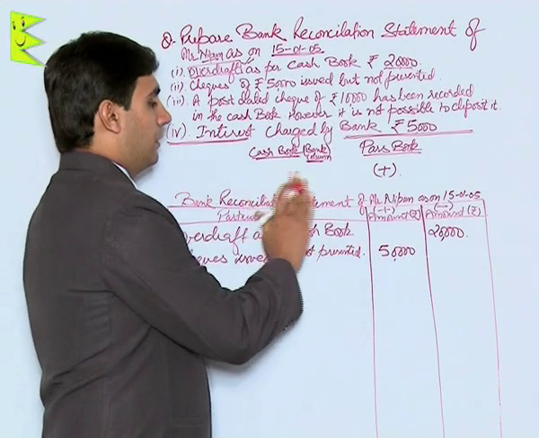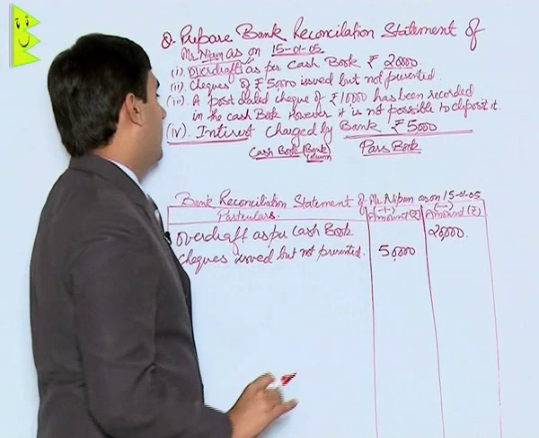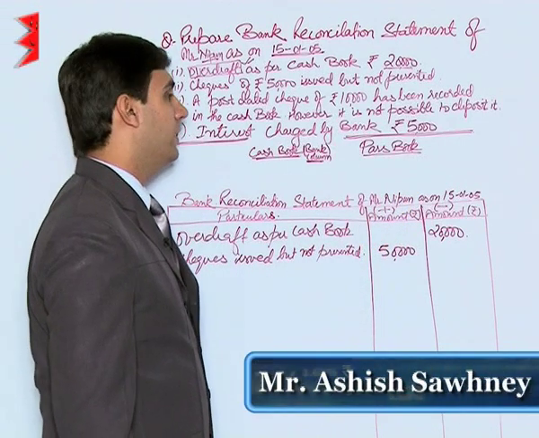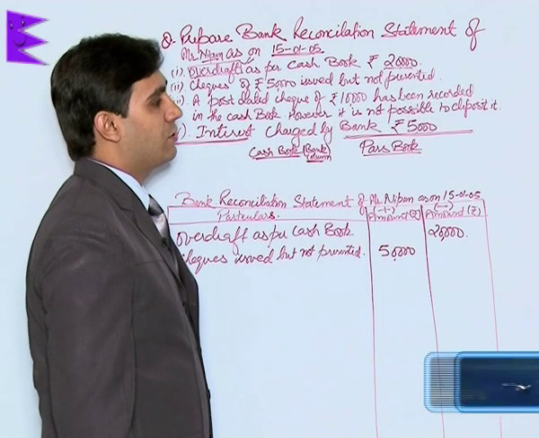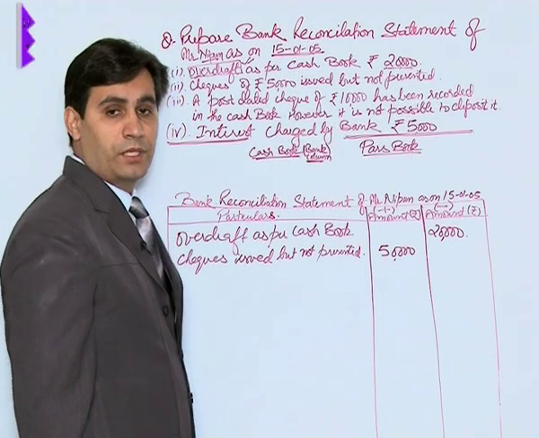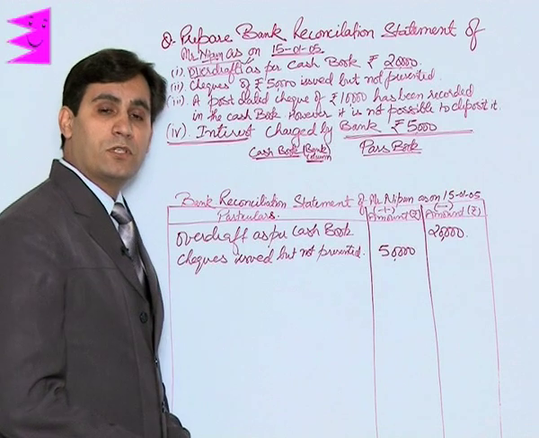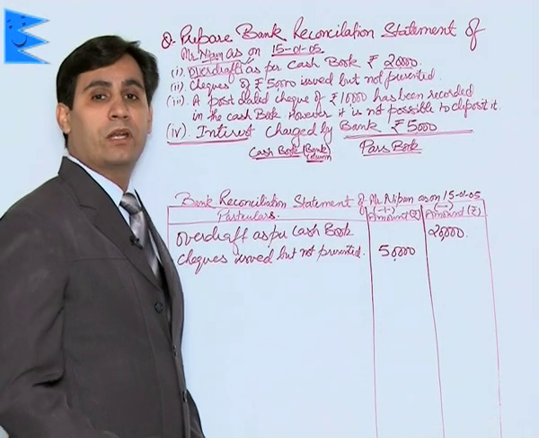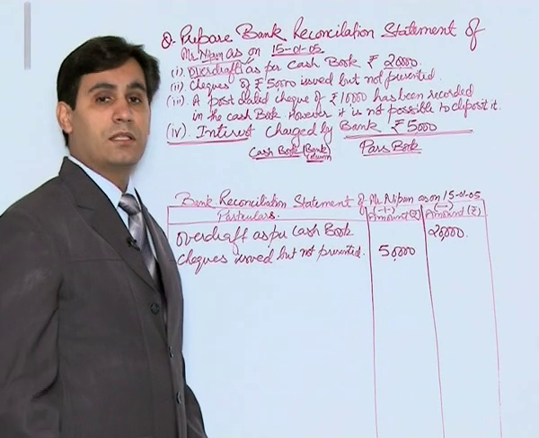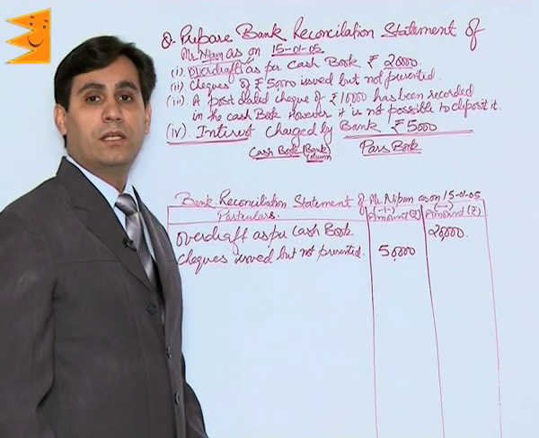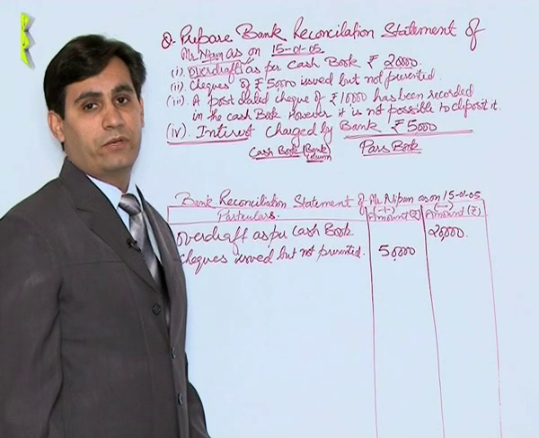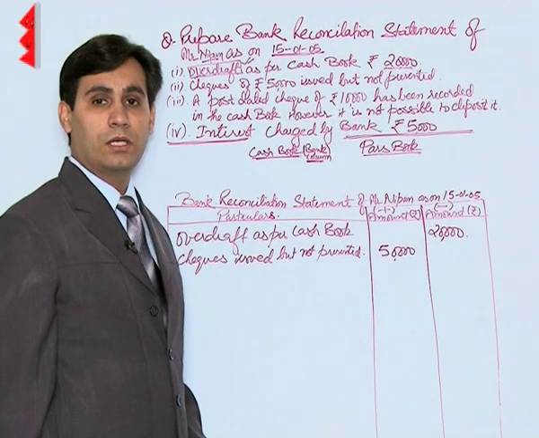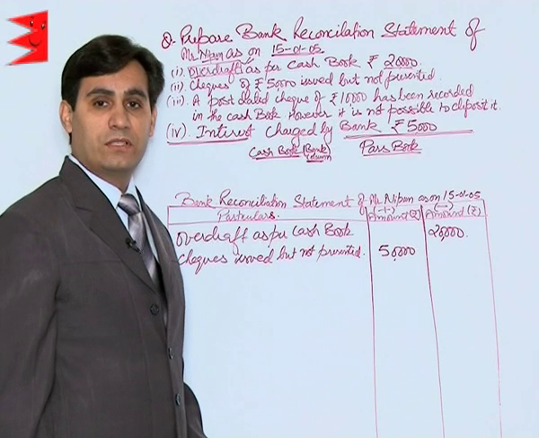Coming to entry number 3, a post-dated check of rupees 10,000 has been recorded in the cash book, however it is not possible to deposit it. Now students, it is quite possible sometimes that a debtor pays you a check for a later date. That is, he gives you a check on 1st January and the date mentioned is 10th January. That means you cannot present that check in your bank account before 10th of January.